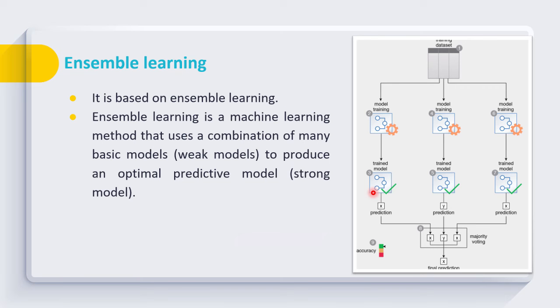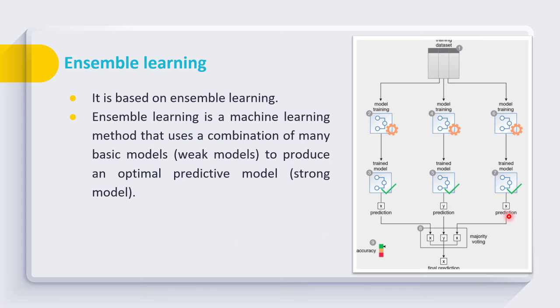So whenever a new unknown instance appears, every weak model makes its own prediction. For example, the first weak model is making a prediction X, while the second model is making prediction Y, while the third model is again making its prediction X. Then the ensembler will aggregate all the results by using various techniques, and the most common technique is majority voting, where the ensembler will go with the majority. So in this case we have three votes from different weak models.